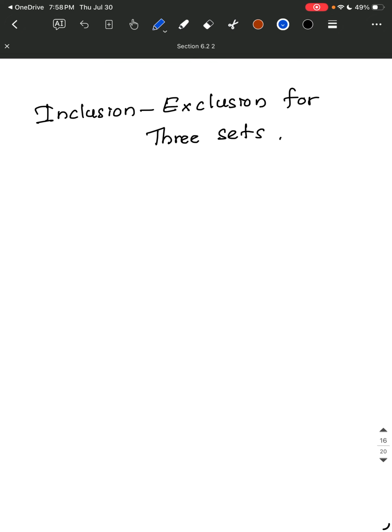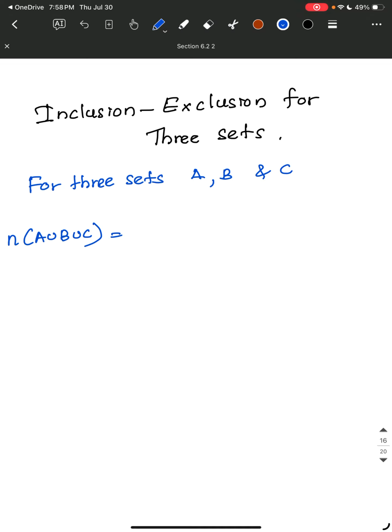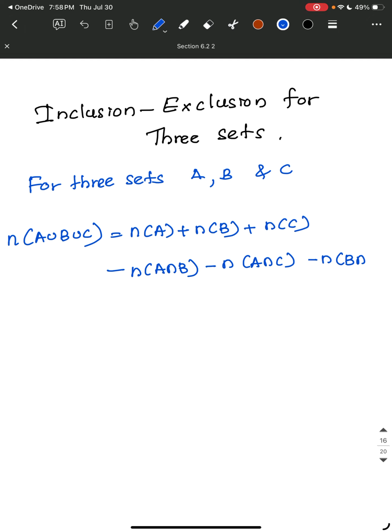Just think about three sets A, B and C. Then the number of entries in A union B union C equals the number of entries in A plus the number of entries in B plus the number of entries in C, minus the number of entries in A intersection B, the number of entries in A intersection C, the number of entries in B intersection C, plus the number of entries in A intersection B intersection C.